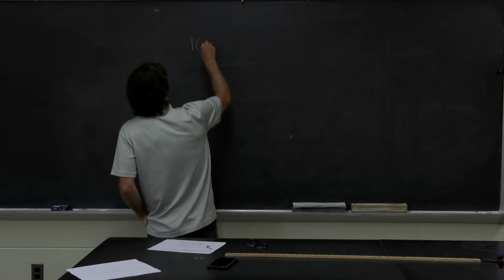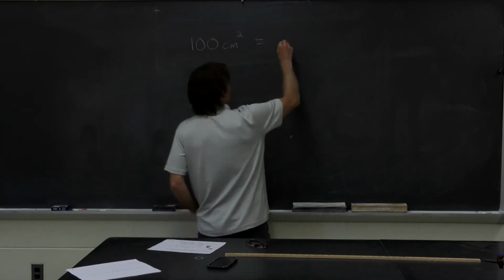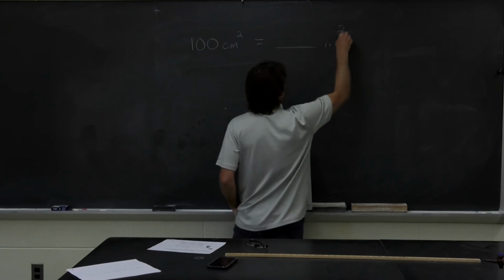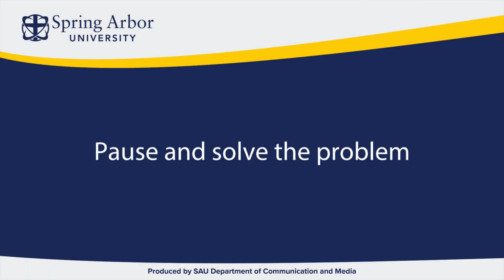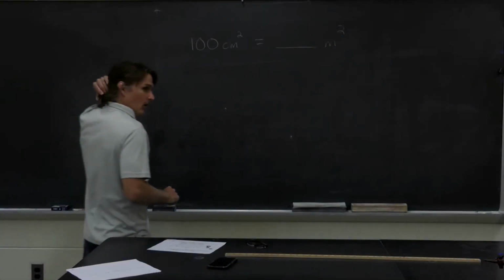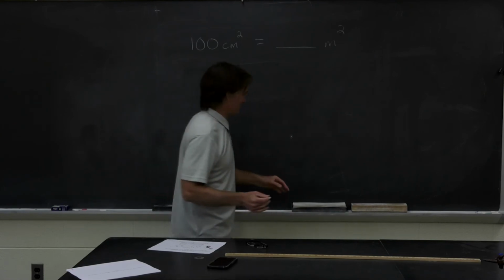I want you to take 100 centimeters squared and tell me how many meters squared that is. Take a little time and try it. Okay, some of you probably messed this up.